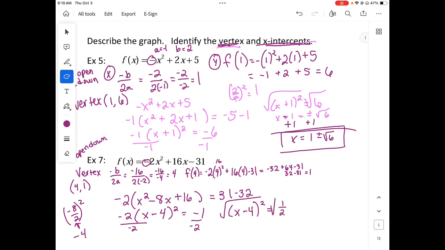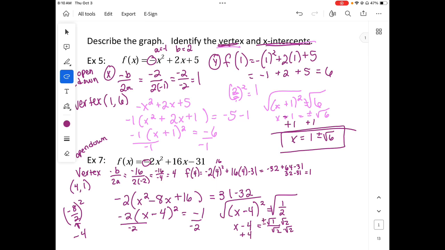Now take the square root of both sides. I get x minus 4. I guess I really don't need the parentheses, so I'm going to take that off. x minus 4 equals square root of 1 over square root of 2. Rationalize that denominator, so multiply by square root of 2 on top and bottom. And also move the 4 over.